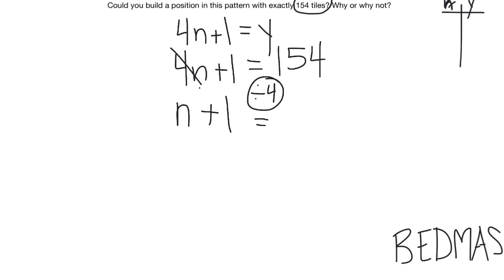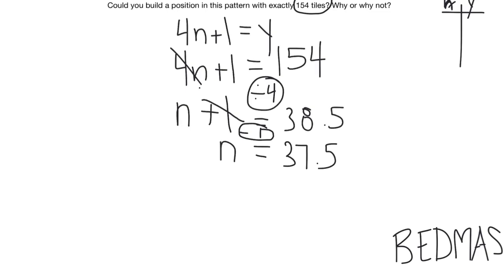And 154 divided by 4 is 38.5. And so now, again, we've got plus 1 here before we can isolate that n. So we have to actually subtract 1 in order to be able to cancel that out. And 38.5 subtract 1 is 37.5.